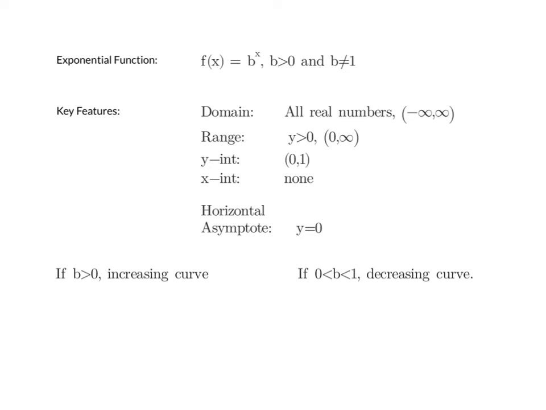For the range, we have y must be strictly greater than 0, or in interval notation, 0 to infinity, where we have parentheses around both. This is the first time that we have seen a range where the number has had a parenthesis around it. We have a y-intercept. The y-intercept is always going to be (0, 1). And there are no x-intercepts.